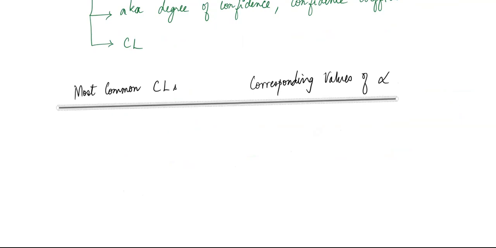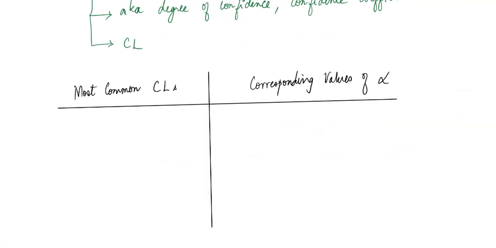If I want a 90% confidence level, its decimal is 0.90, and the corresponding alpha is 0.10, the remaining 10%.